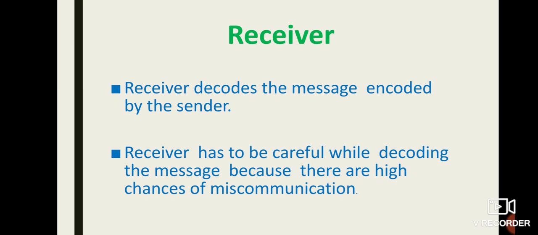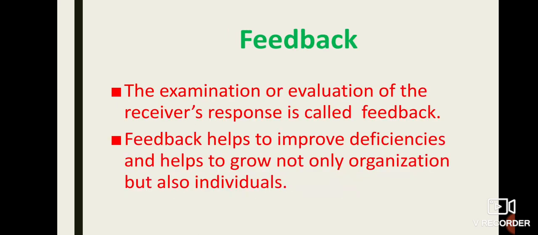After receiving the message from the sender, now it's time to give feedback. The receiver decodes the message and then the sender waits for a response. Sometimes the sender does not receive a response. In that case, the sender starts checking what went wrong. The examination or evaluation of the receiver's response is called feedback, and it is the final step of the communication process.